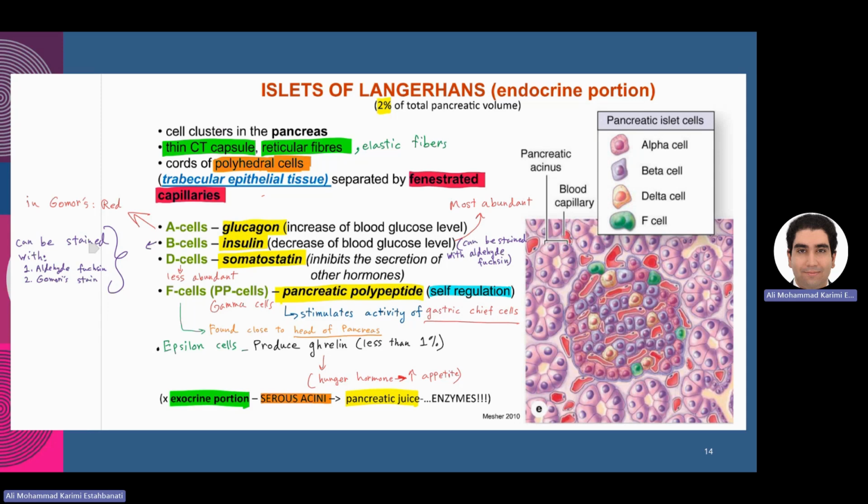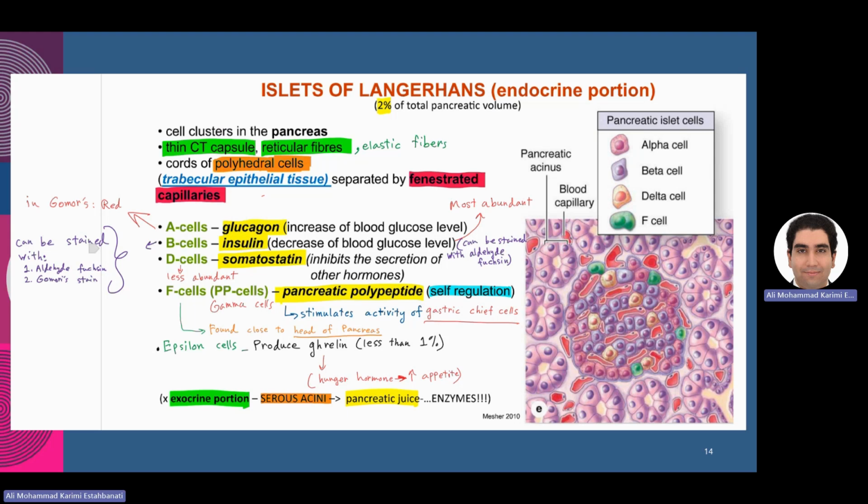Now, next thing you guys need to remember is the gamma cells, or the F cells, or the pancreatic polypeptide cells, which produce pancreatic polypeptide and are self-regulatory, obviously. What this hormone does is stimulate the activity of the gastric chief cells in your stomach. And also, you can find these cells mostly at the head of the pancreas. So these are the main 4 you need to know.